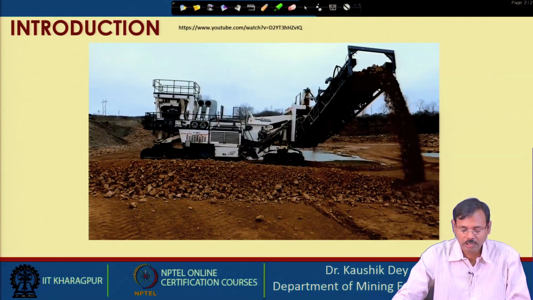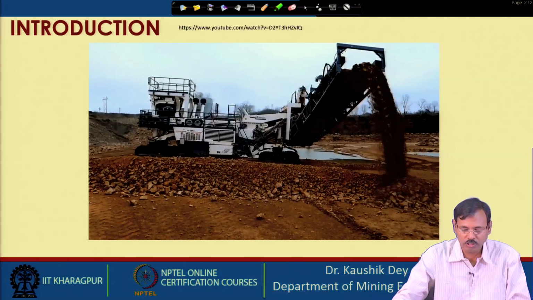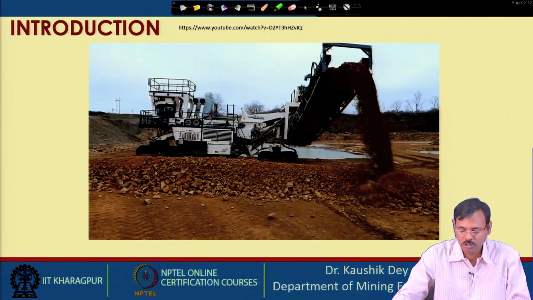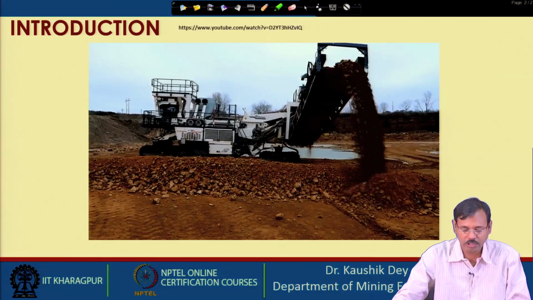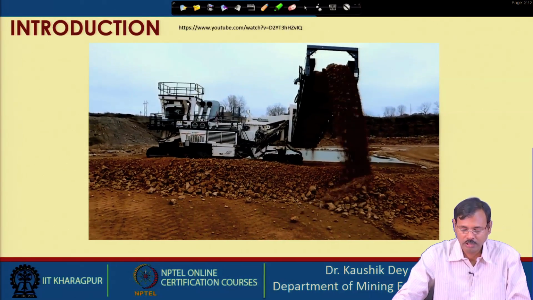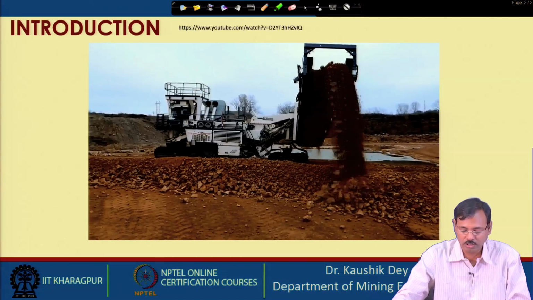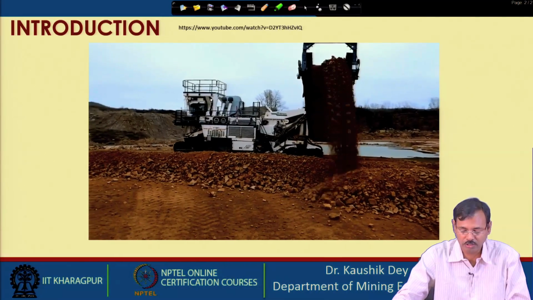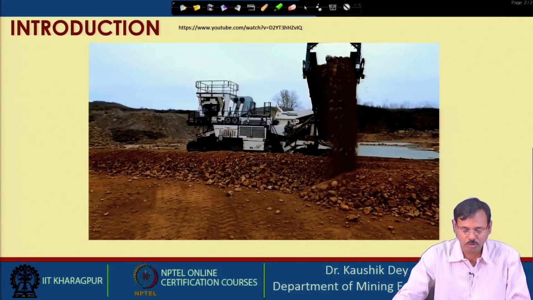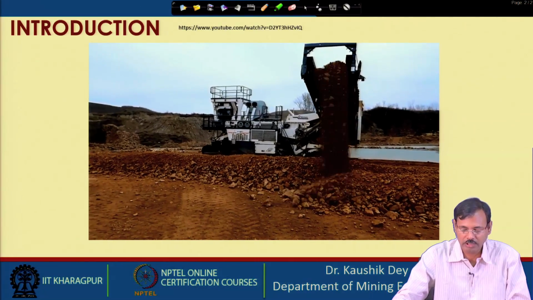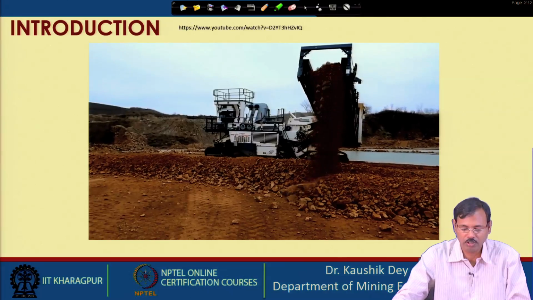There are n number of variations possible with this system, and you can see very good sized material is being excavated and dumped in a row. This is called windrowing. We have also covered that a shovel is often also allowed to go for windrowing. You can see this is very well sized material and that is why it is conveyable also.